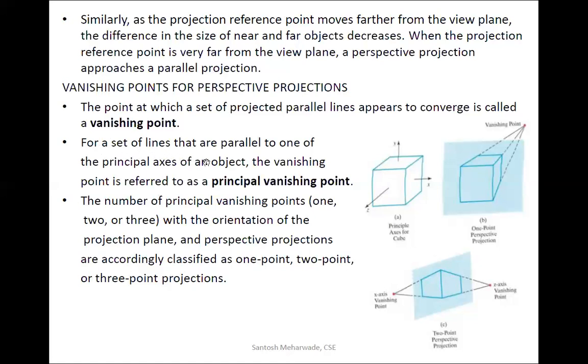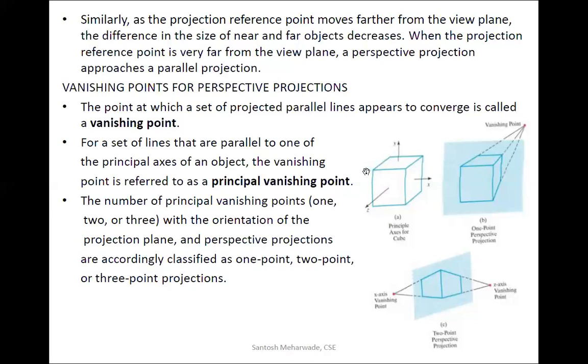For a set of lines that are parallel to one of the principal axes of an object, the vanishing point is referred to as a principal vanishing point. Means the vanishing point which is parallel to the principal axis of an object, we call a principal vanishing point.